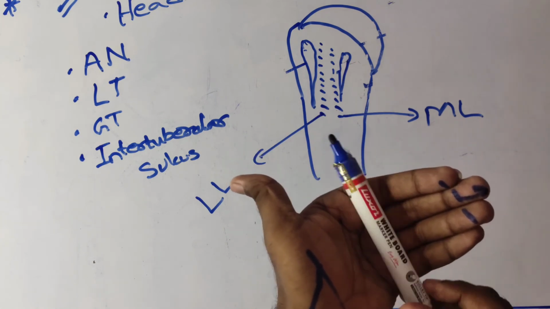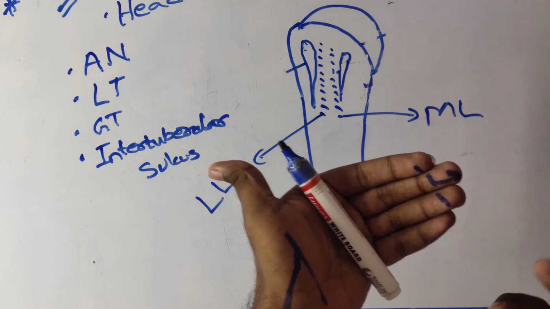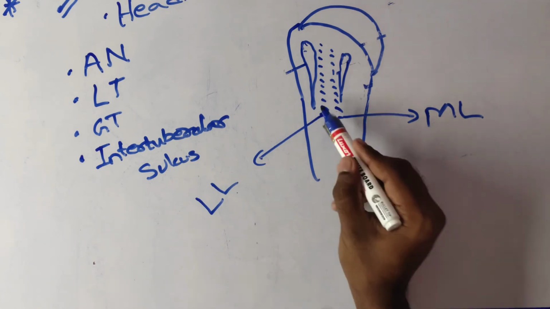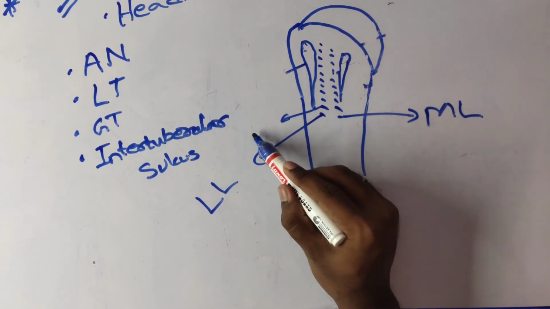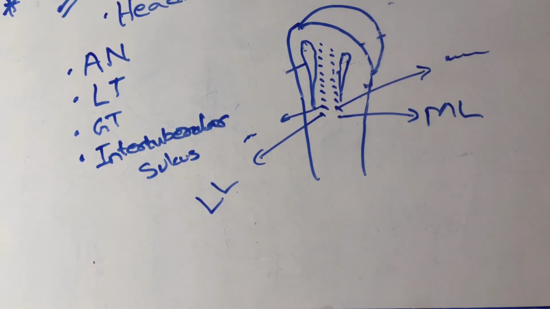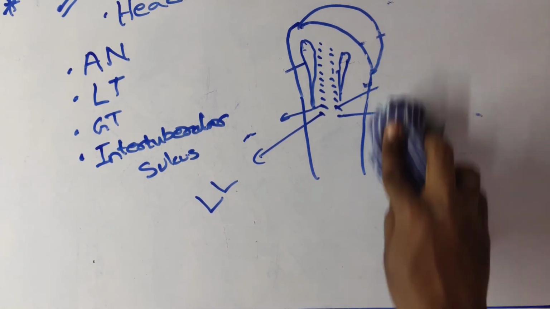So this groove is important for the transport of blood supply or nerve supply, etc. On this lateral lip there is attachment for some muscles, and on the medial lip there is attachment for some muscles. We will discuss it later. This is intertubercular sulcus.